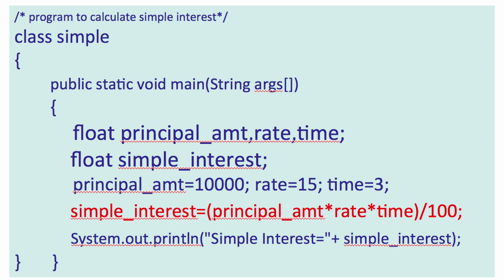And finally, in the fifth and last line, by using System.out.println, we are printing the value of simple interest. Simple interest equals sign is under double quotes, then a plus sign and the simple interest variable. So, the string and variable are differentiated by the plus sign. This is a simple program.